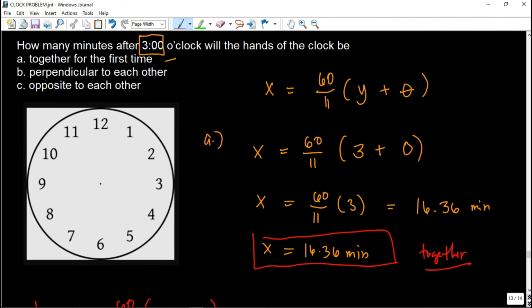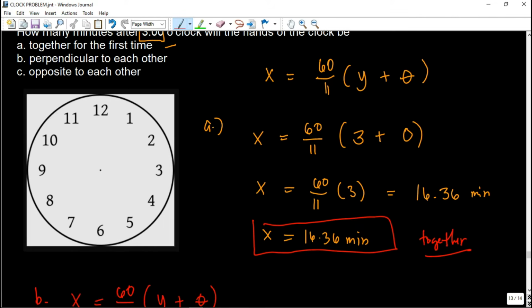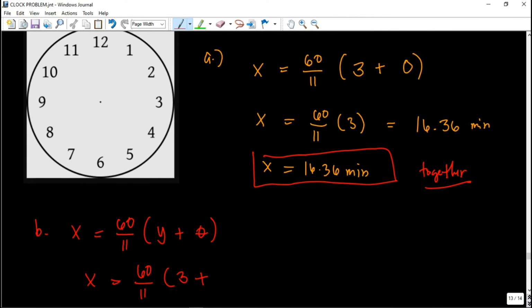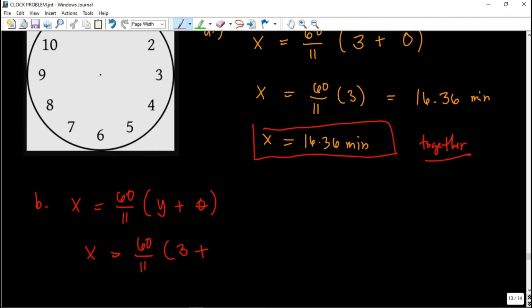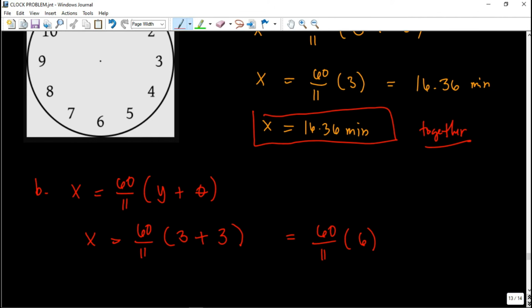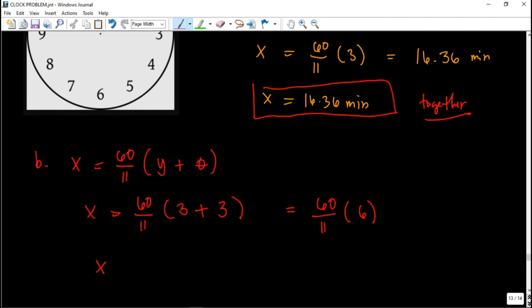What is theta kapag sinabing perpendicular to each other? So, ilang hour spaces yon? Okay, that is 3 hour spaces. Kasi that is 90 degrees. Okay, right angle. So, that is 3 hour spaces. Okay, so this becomes 60/11 times 6. So, basically, this becomes equal to 60 times 6 divided by 11.